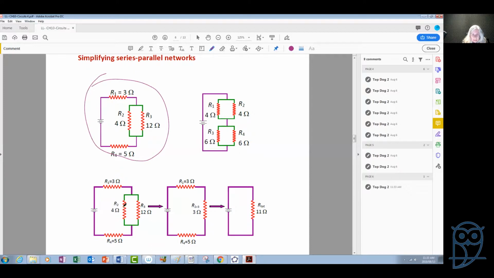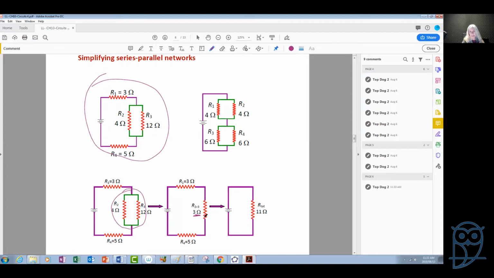So this resistor is 4 ohms, this is 12 ohms. If we apply the rule of how we calculate the resistance of this parallel connection, we are going to find that the combination of these two in parallel gives us the value of 3 ohms, the equivalent resistance.